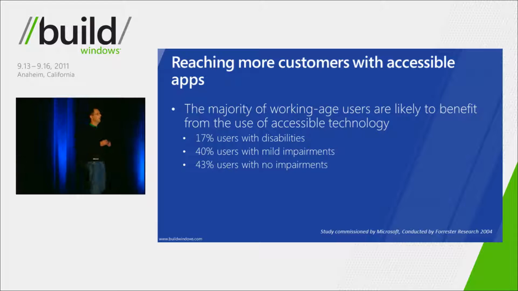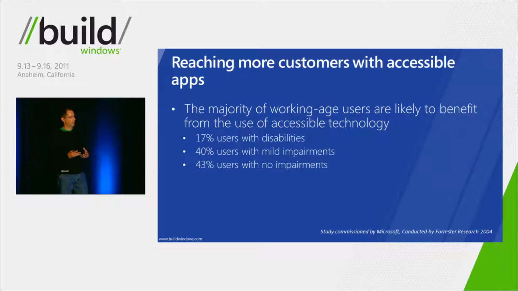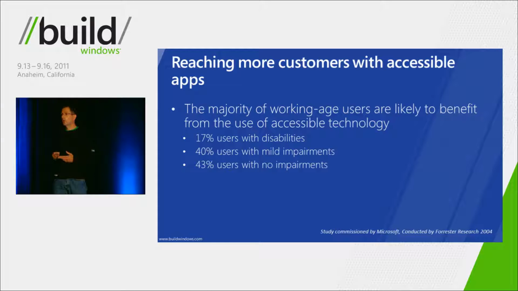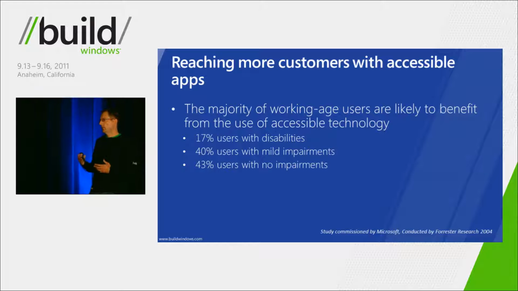Okay, so why does this matter to you? Why is it important that you build an accessible app? A few years ago, Microsoft commissioned some research to determine how likely it is that computer users are going to benefit from accessible technology. And accessible technology includes the accessible features of software.